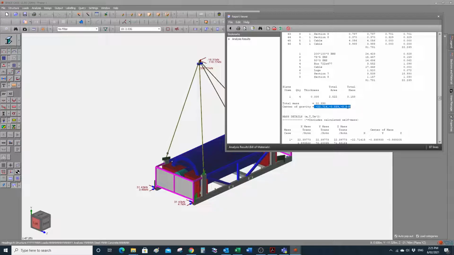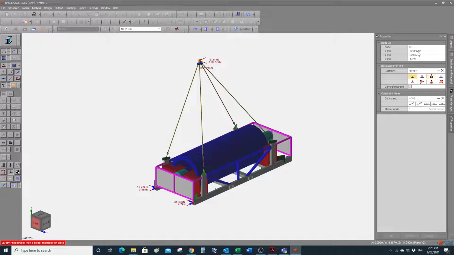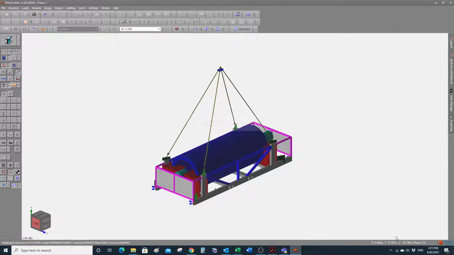So I'm keeping these numbers and I'm moving this point to a position where it is completely above the COG. There we go.